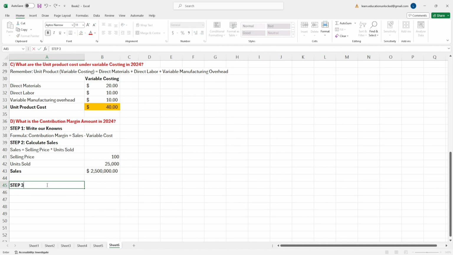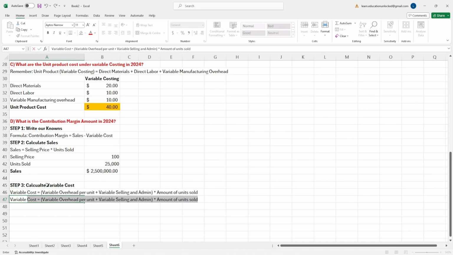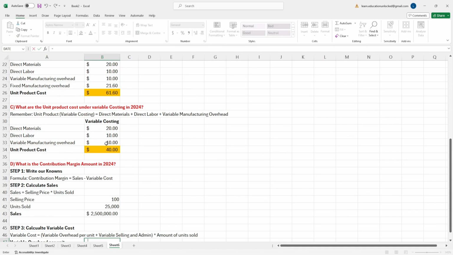So step 3, let's calculate our variable cost. Variable cost is equal to our variable overhead per unit plus our variable selling and admin times the amount of units sold. Variable overhead per unit, this is what we calculated already, right here, variable costing.